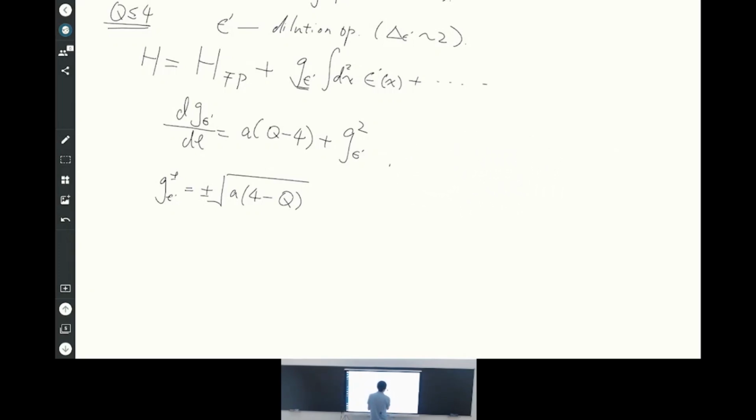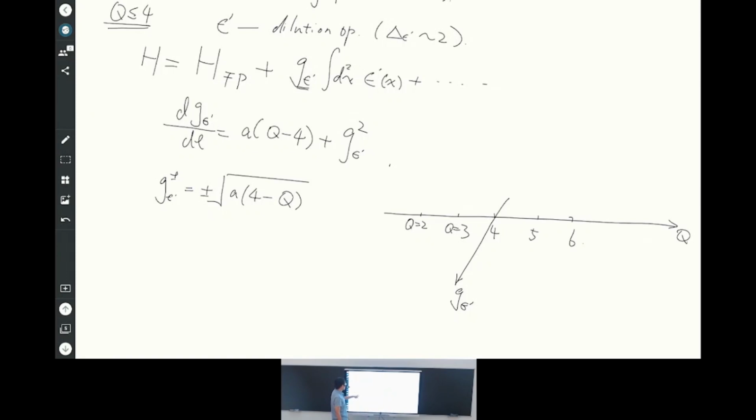So say this is the X for Q, okay? Say this is Q equals 2, Q equals 3, 4, 5, 6. And then this X is epsilon prime, the coupling strength.